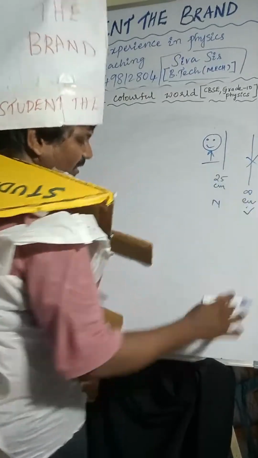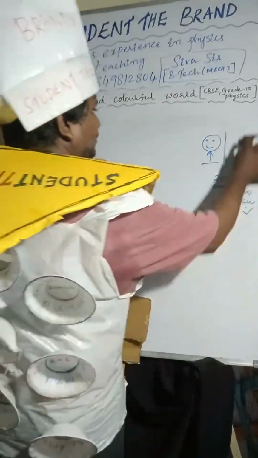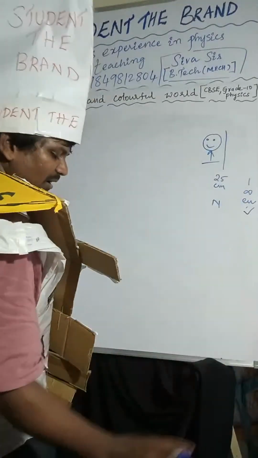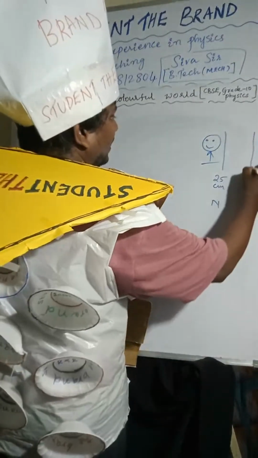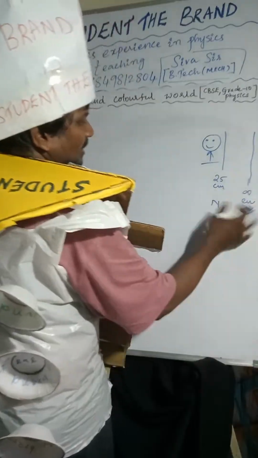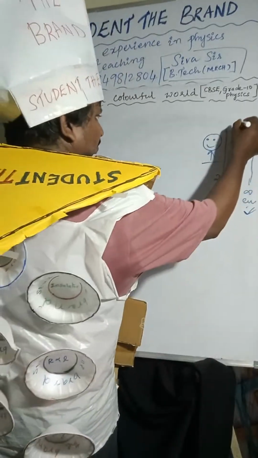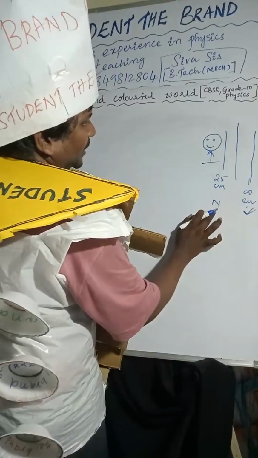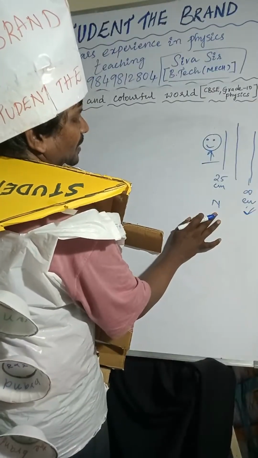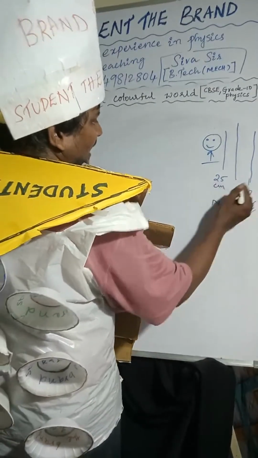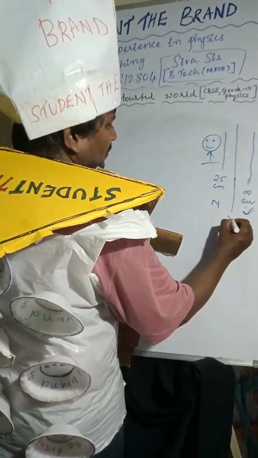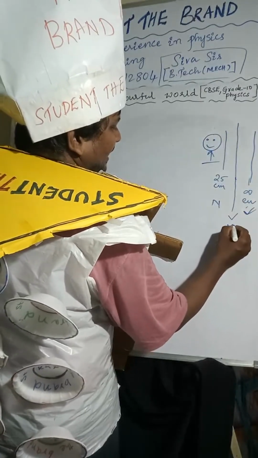Leave it. Next, he can't see the near point. He can't see at 25, but somewhere more than 25 he can see. That is the near point, n dash.